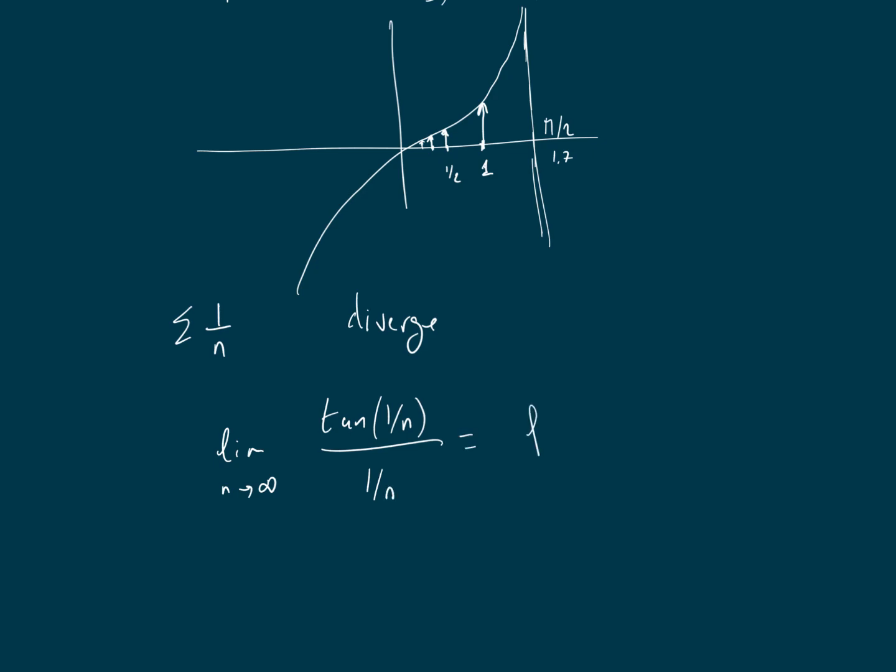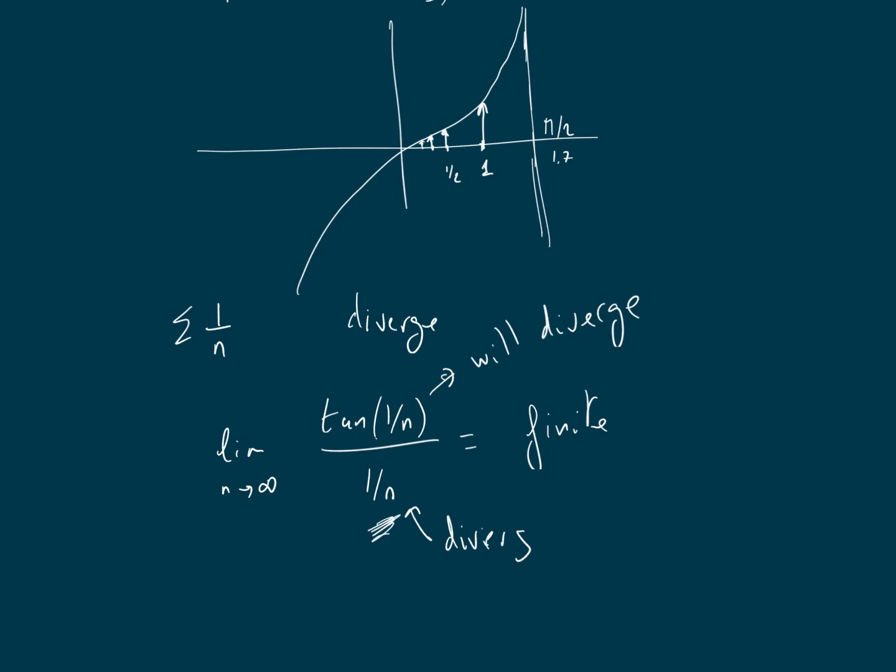If this limit is a finite number, and not 0 or infinity, the nature of the two series will go hand in hand. If this diverges, this diverges.